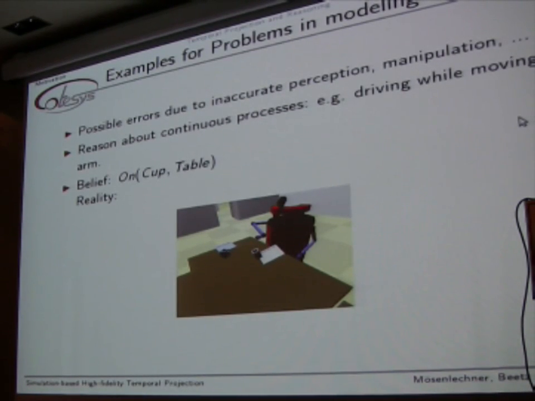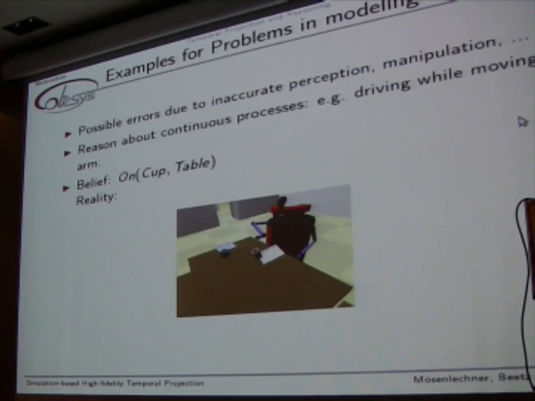And what we need to do in order to plan taking into account all these possible sources of failure is we need to reason about all these continuous processes, about all the influences, so the processes that influence each other. Just consider the robot driving while moving its arm. It's very hard to predict if the robot hits something or not. So basically what you would do is execute these actions sequentially in order to avoid this.